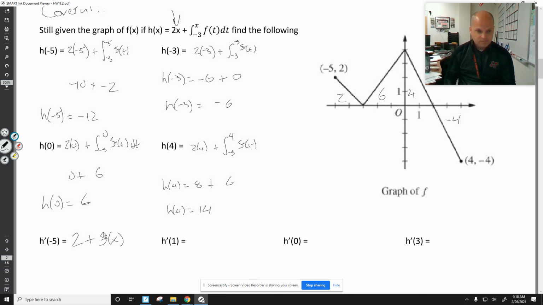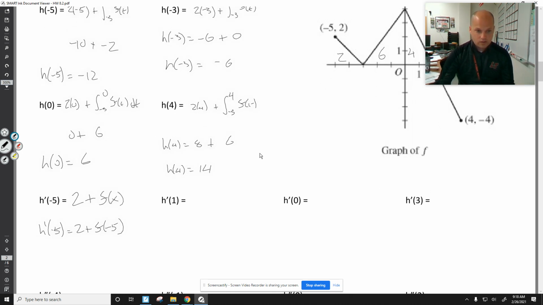This is f. If I asked what is h prime of negative 5, it's 2 plus f of negative 5, not just this 2 value, which we had on the previous page. So it's 2 plus 2, which is 4. I'm not having to worry about going backwards because the f value is just whatever the value is of f. It's essentially what is the derivative value.